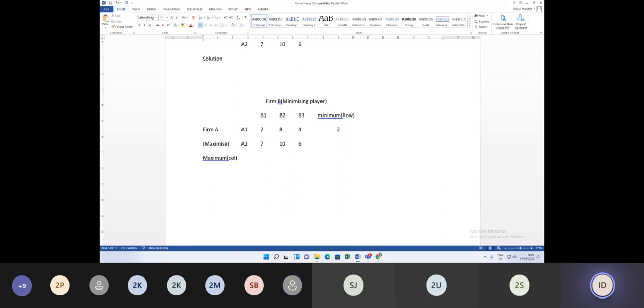From the first column, the maximum is 7. From the second column, the maximum is 10. From the third column, the maximum is 6. Is it clear?